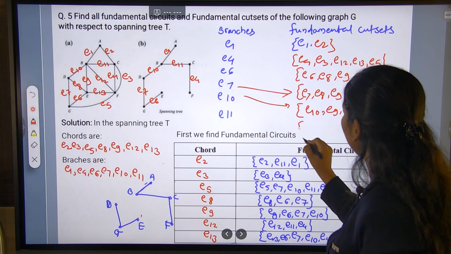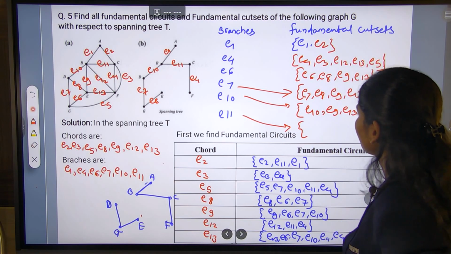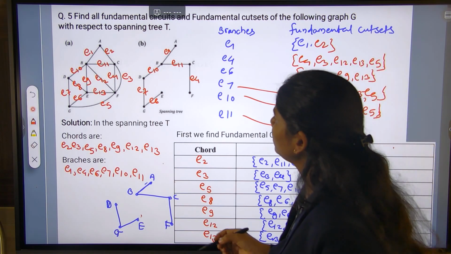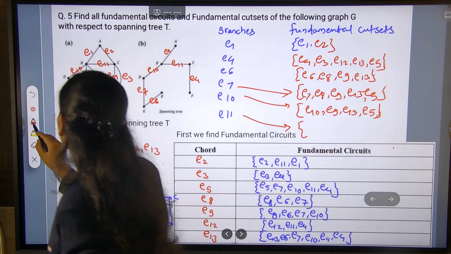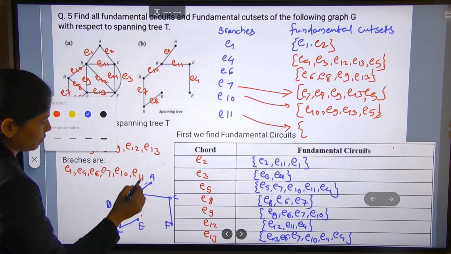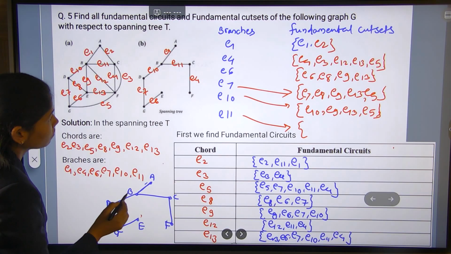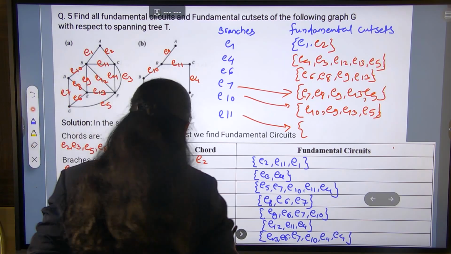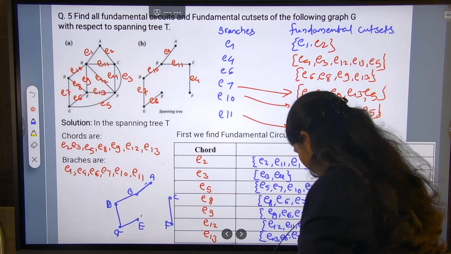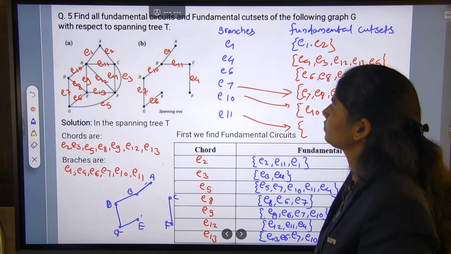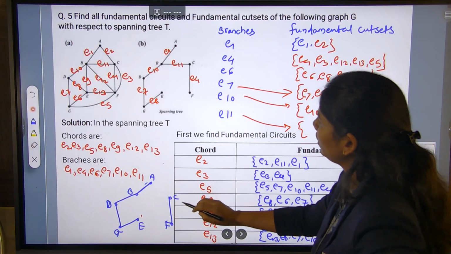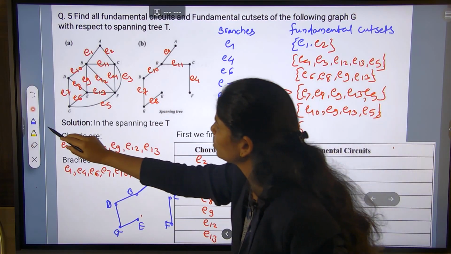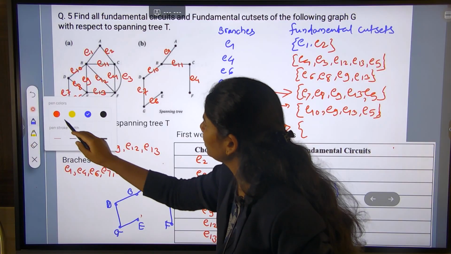Next go for E11. So for E11, check which edges can join those two disconnected components.